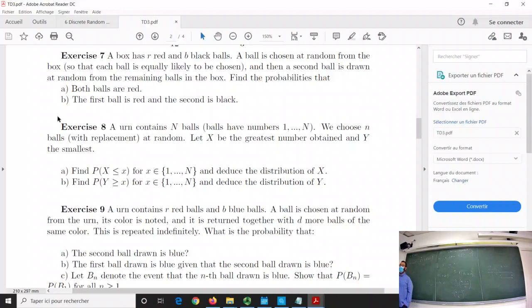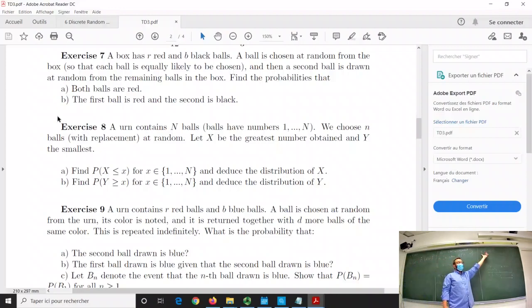So if it is, at the end I want the probability that y is equal to small x, and I want to obtain it from this one here. It's a kind of analogue of the formula we have used previously, the formula giving me the probability mass function from the distribution function.